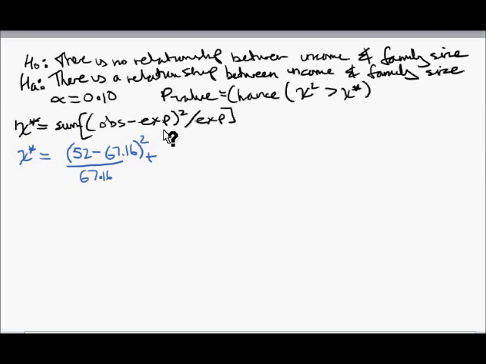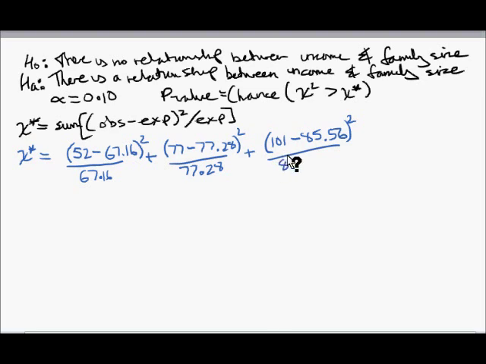The next one, the observed was 77, the expected was 77.28, divided by the expected 77.28. The next one, the observed was 101, we expected 85.56, so we square that and divide by 85.56.